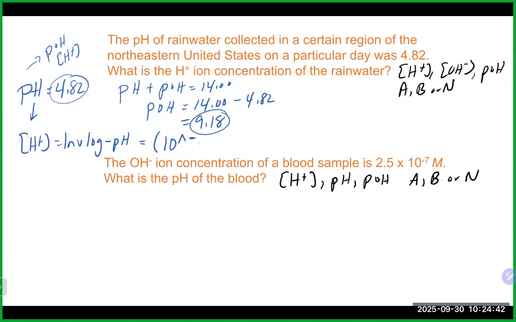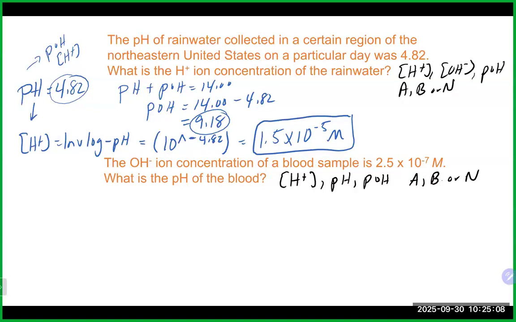You do want to make sure you make it negative 4.82, and a lot of times close parentheses. If you do that, you get 1.5 times 10 to the minus 5 molar. Again, it does need a unit because it is a concentration.